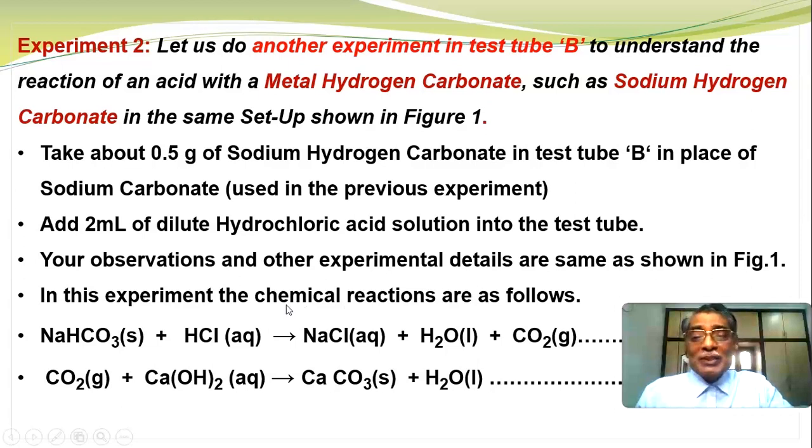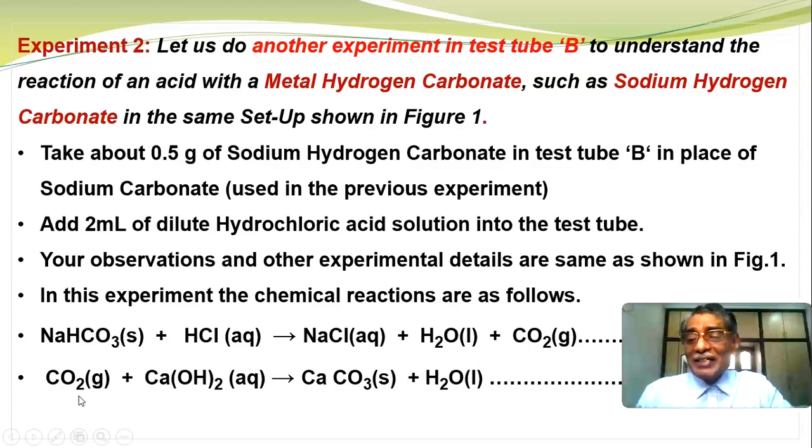But in the experiment, the chemical reactions are as follows, because here we have taken sodium hydrogen carbonate. NaHCO3 solid plus HCl aqueous gives rise to NaCl aqueous plus H2O plus CO2 gas.